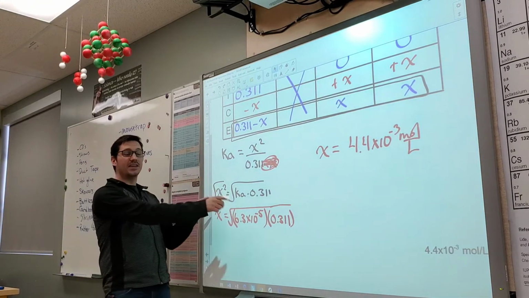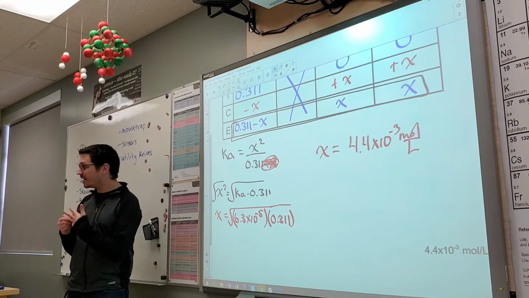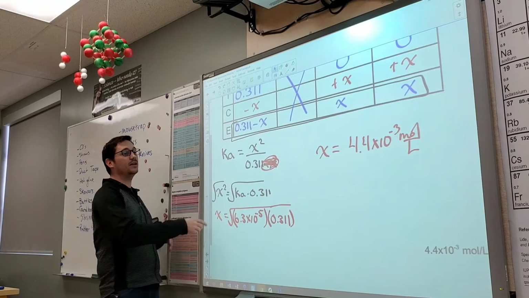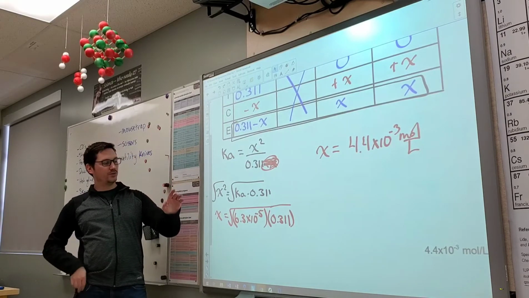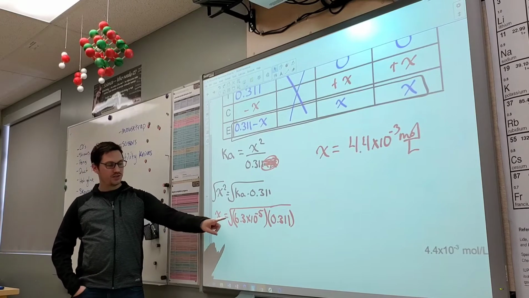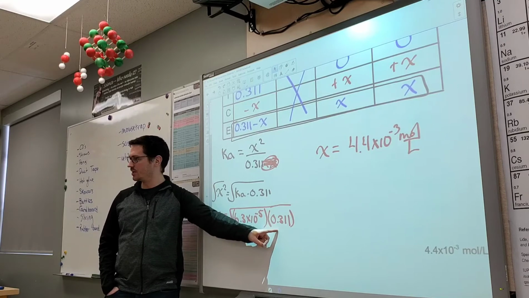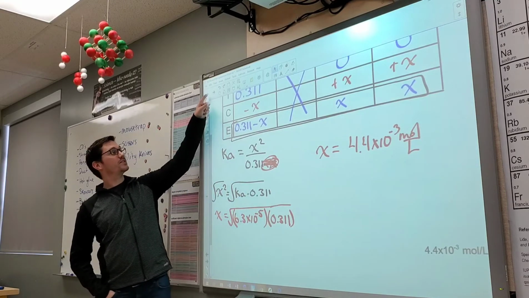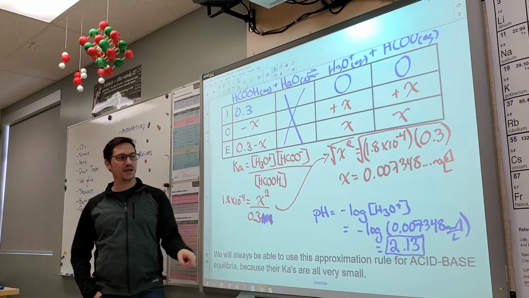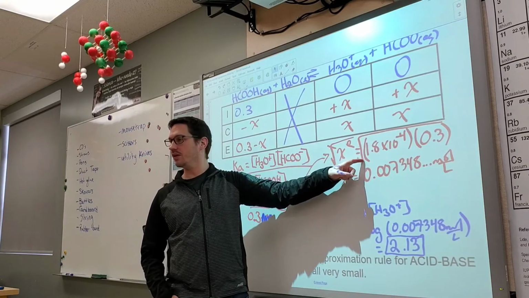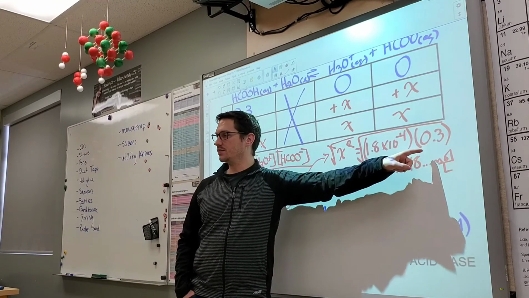Let's take a look at this solution, and let's take a look at the previous solution, and see what they have in common. At the end of the day, what did we have to do? We had to take the square root of the Ka and the original acid concentration. In the previous question, what did we have to do to solve this? We had to take the square root of the Ka and the original acid concentration.